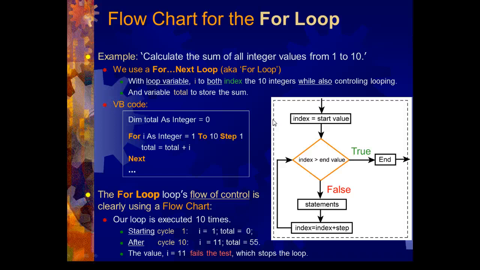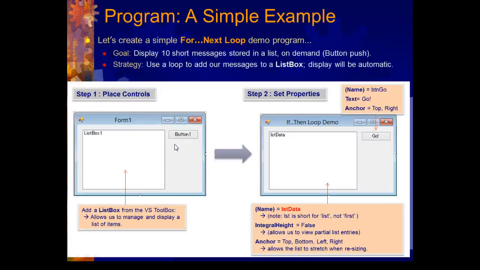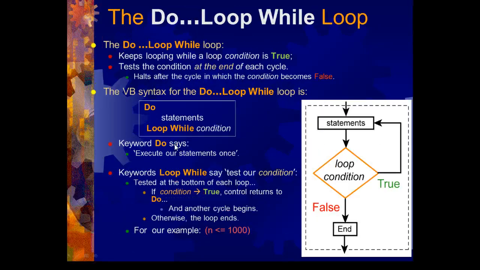This was sum up. Here, he said, calculate the sum of all the integers from 1 to 10. And we just did it. Okay? But now we want to be more general. We want to take the user's input and then calculate the sum from 1 to n, whatever the user puts in there. Okay? So let's see, how do we do it again?